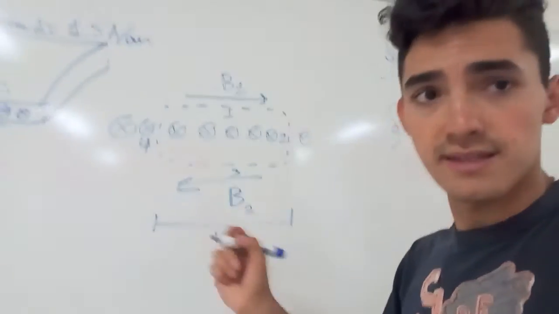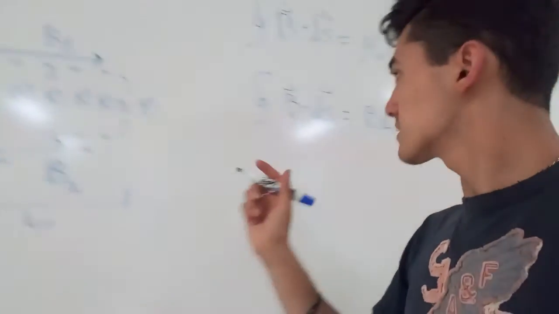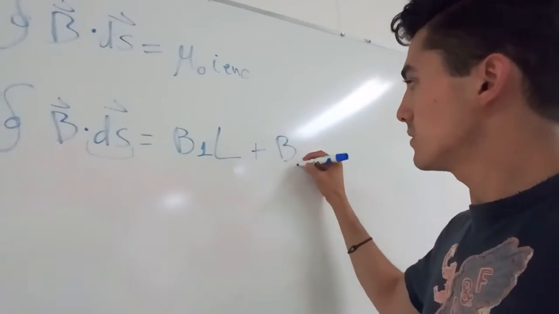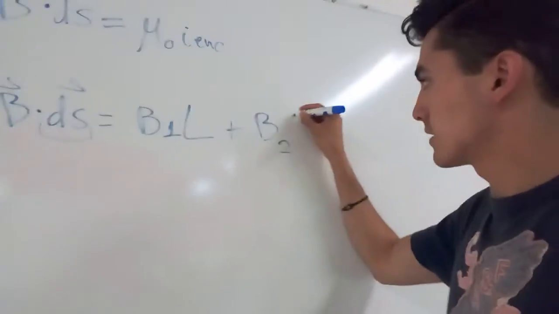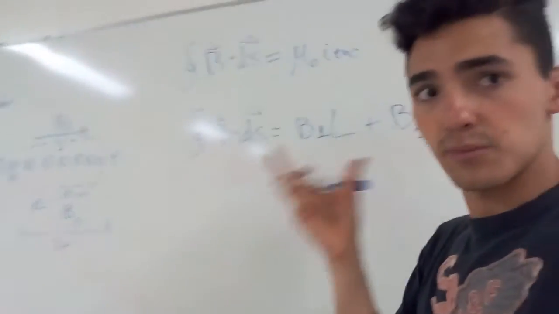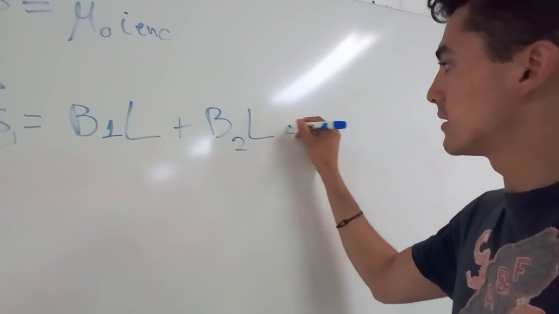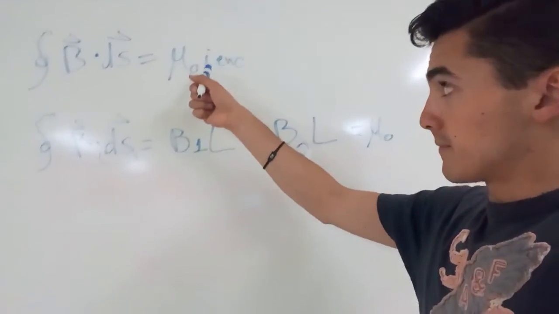In this case we are considering only the length of that piece. That's why we are using here L plus B2, that is this part here, times also the length of that specific part of the path. And this will be equal to mu naught times the current enclosed.